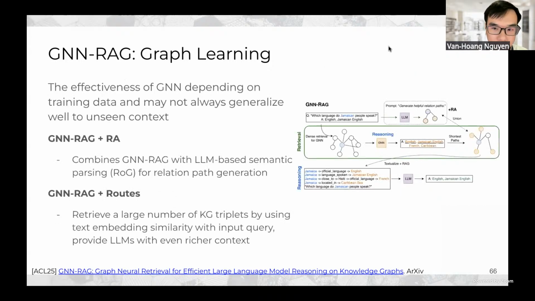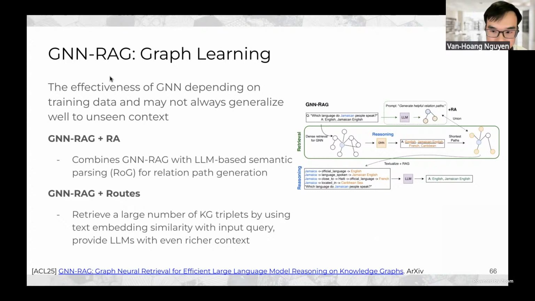Okay, so the effectiveness of GNNs largely depends on the training data and may not always generalize well to unseen contexts. That is why we typically combine GNN RAG with other methods such as the reasoning on graph paper that we have just discussed.